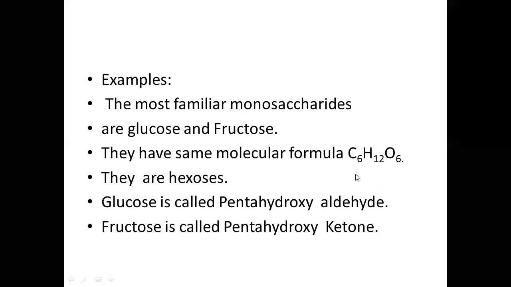So C6 shows that they have 6 carbon atoms. So monosaccharides are classified on the basis of the number of carbon atoms present in them. Glucose is called pentahydroxyaldehyde, while fructose is called pentahydroxyketone.